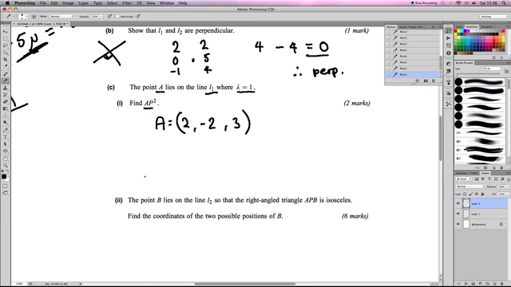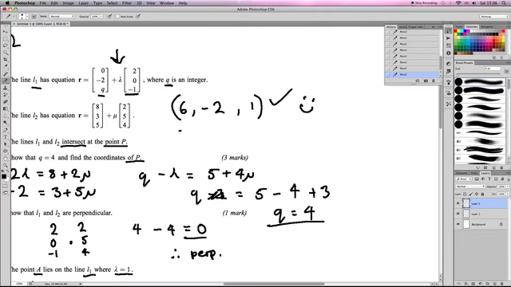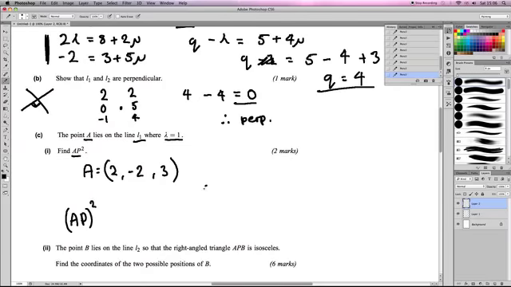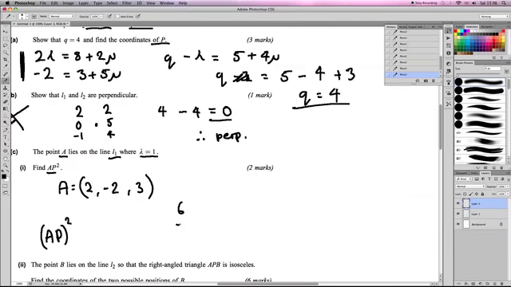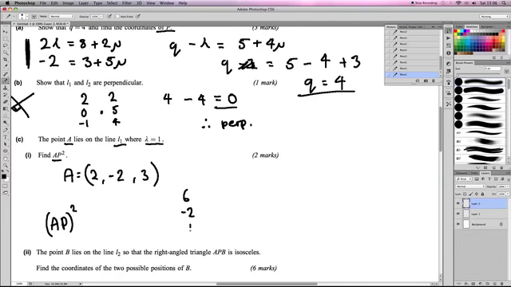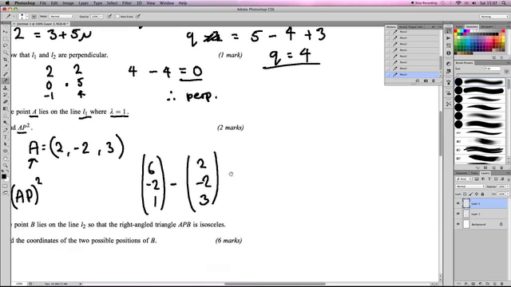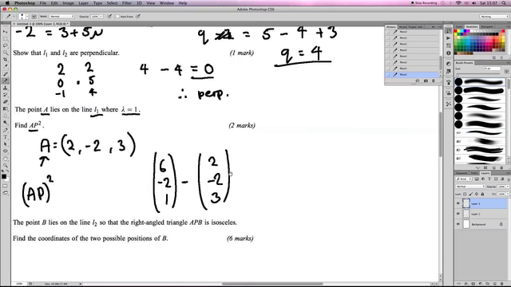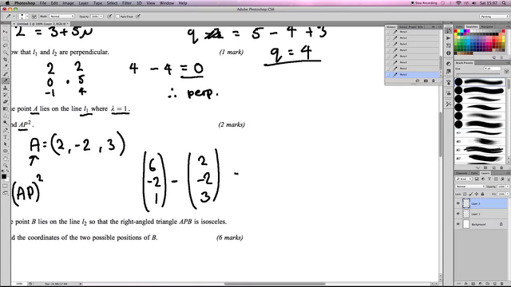It wants us to find AP and square that though. So what I'm going to do is use my coordinates for P right here. So what was that? 6, minus 2, and 1. And I'm going to minus away my coordinate A, so 2, minus 2, 3. So what I will end up with is the vector AP.